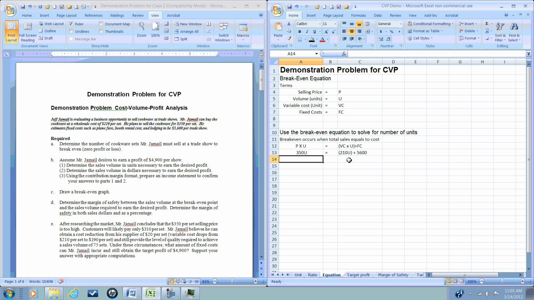So 210U comes across the equal sign. That becomes a negative. We subtract it from the 350, and that leaves us 140U equals our fixed cost of 5,600.